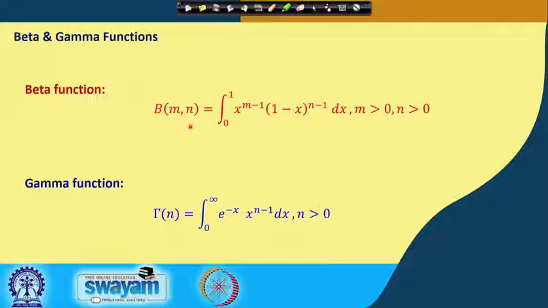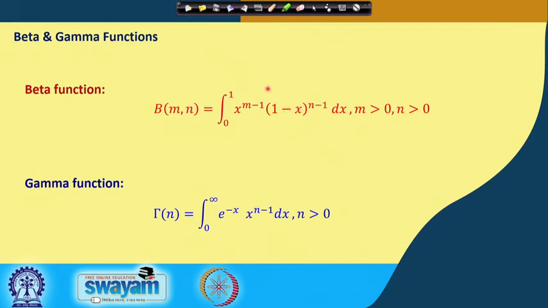Coming to the first integral, B(m, n), this is an improper integral of type 2, because the integrand may become unbounded when x approaches 0 or x approaches 1. In case of x power m minus 1, where the power is negative, the integrand will become unbounded when x approaches 0, or when x approaches 1 in case n minus 1 is negative.